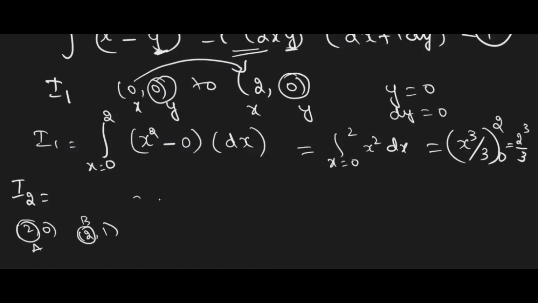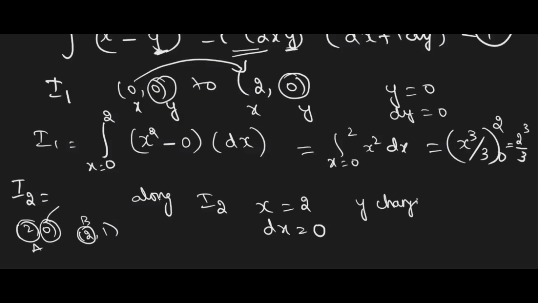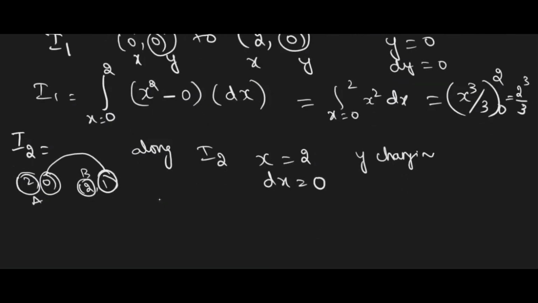Along I2, x is fixed, that is x is 2. So what happens to dx? It is 0. And y is changing from 0 to 1.